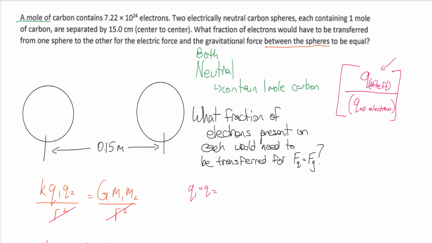So if this thing does this type of transfer, right, then this is now positive. This is now negative. Okay. Yeah, because we're transferring electrons from one to the other, right?